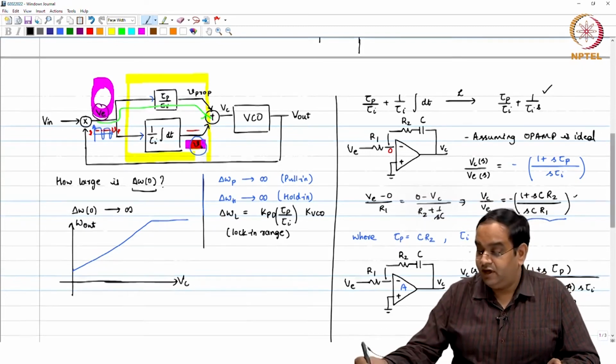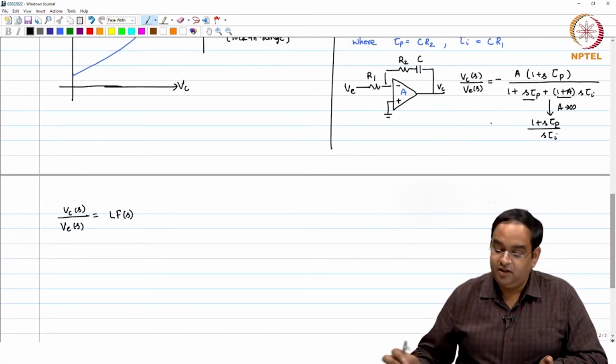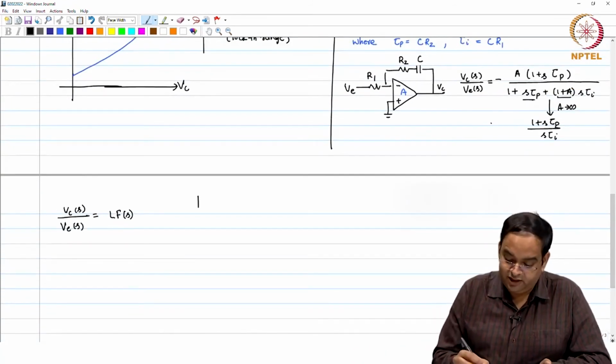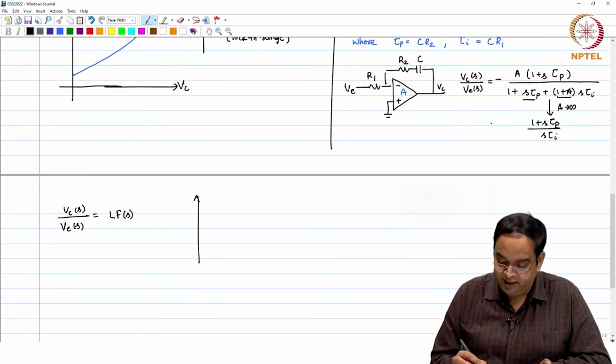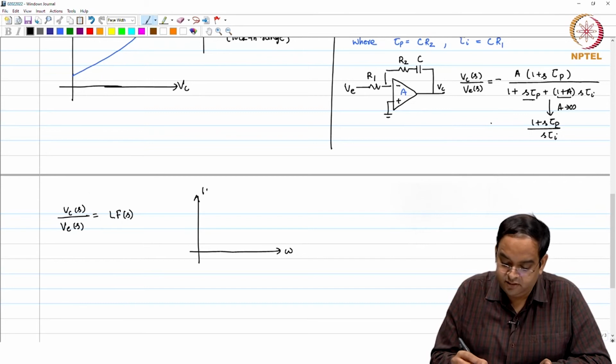Okay. Well, if I want to draw this loop filter, I can very well draw it here. It has a DC gain, loop filter of omega.